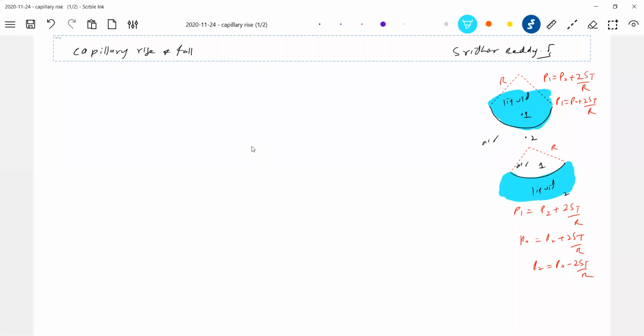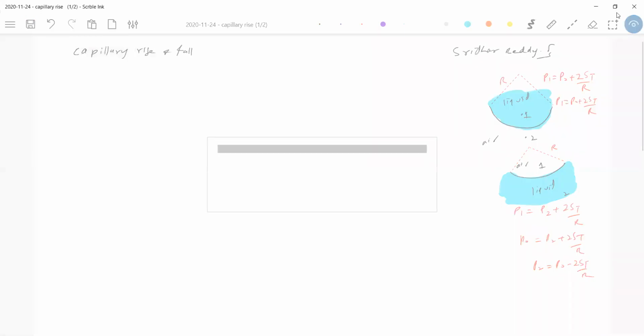The pressure must be more on the concave side than on the convex side, not inside the liquid or outside the liquid. I agree with this condition. Okay, now the background is what we needed. So the rest of everything we can manage very easily.